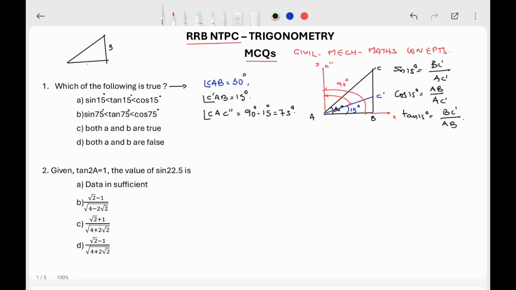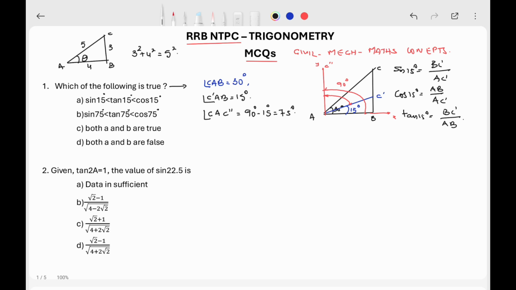If this is 3, 4, this is 5, this is A, B, C, and this is theta, 3 square plus 4 square is equal to 5 square. Hypotenuse is always greater than either the adjacent side or the opposite side.